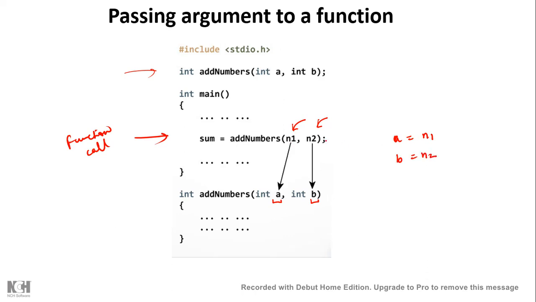Whatever you pass in n1 and n2 will work as the parameters of the function, because the function body will execute with the parameters written over here. Now these are called the formal parameters of the function. Okay, this integer a and integer b are called the formal parameters of the function.